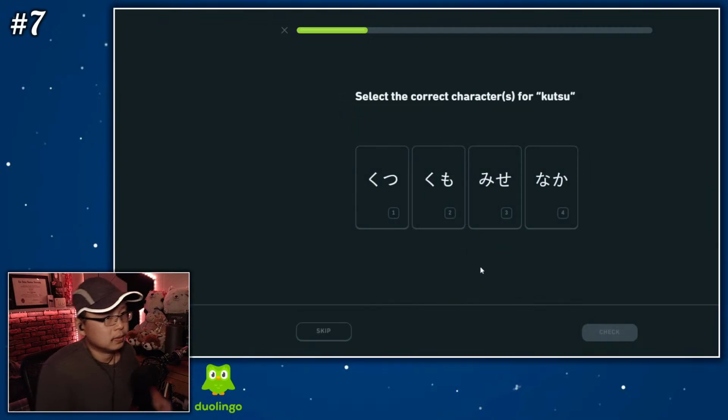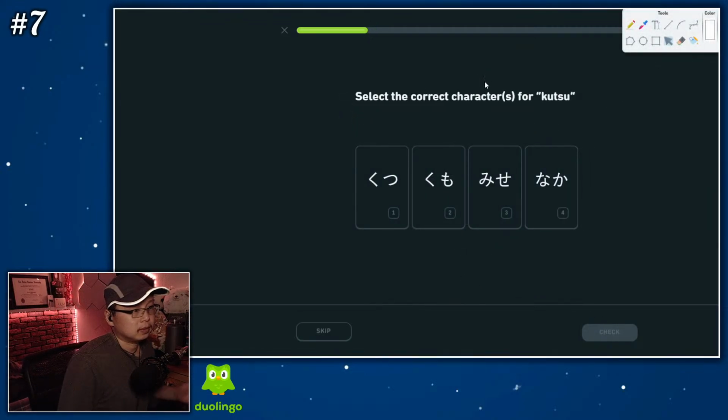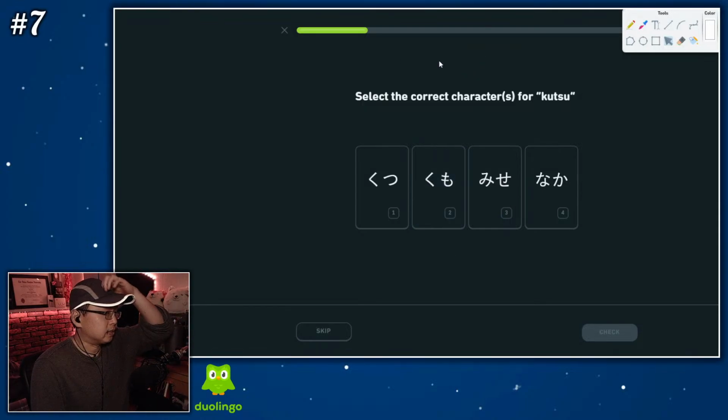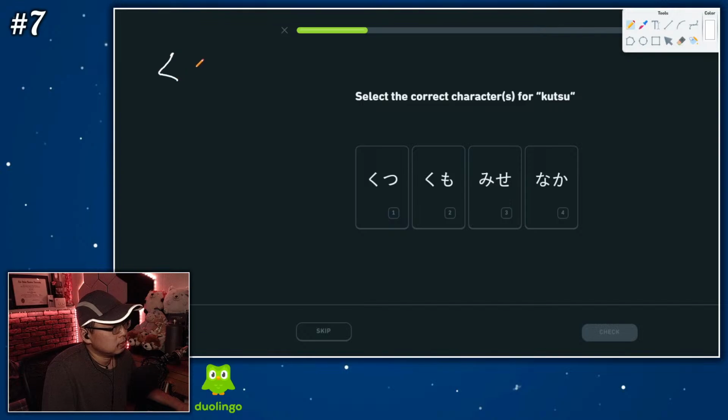Okay, so let's practice this set. We're gonna practice halfway. When we started, we practiced the whole way. Now let's just practice halfway. Utsu. 靴 Tsu.